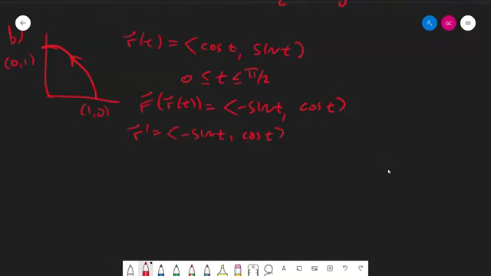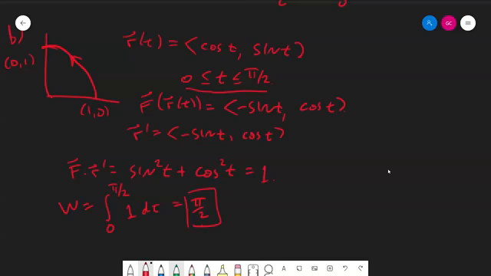And so I take the dot product of those two, f dotted with r prime. So negative sine times negative sine is positive sine squared, and then cosine times cosine is cosine squared. So in fact, again, I get the function 1, but now the work isn't the integral from 0 to 1, because the range of t values is 0 to pi over 2. So I end up getting a work this time, which is pi over 2.